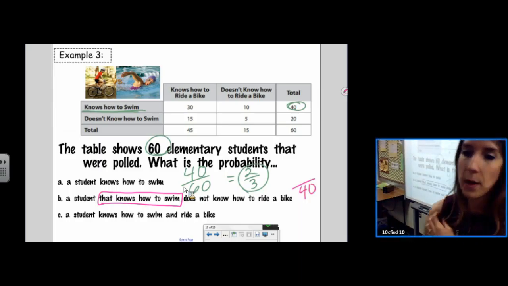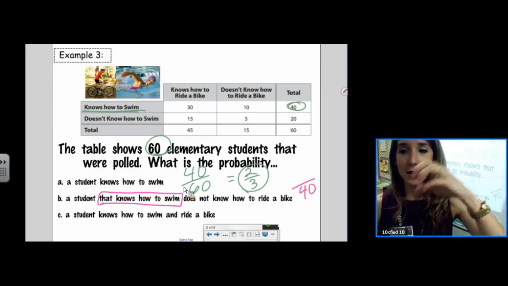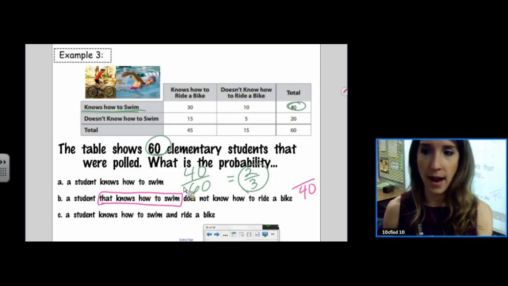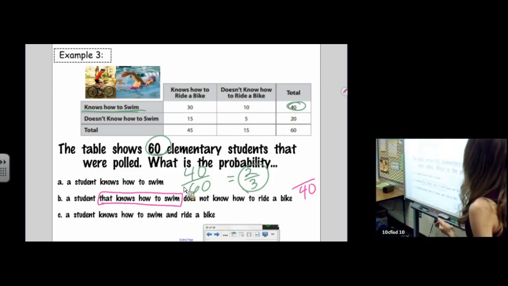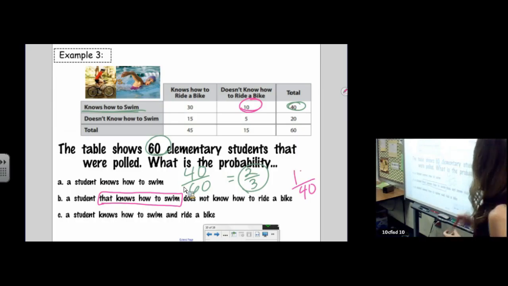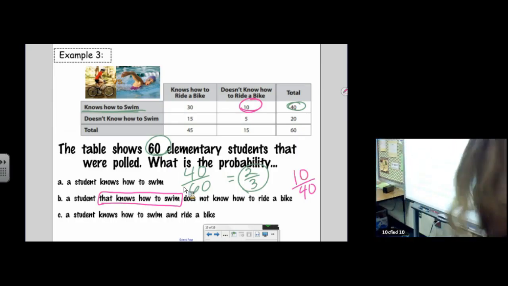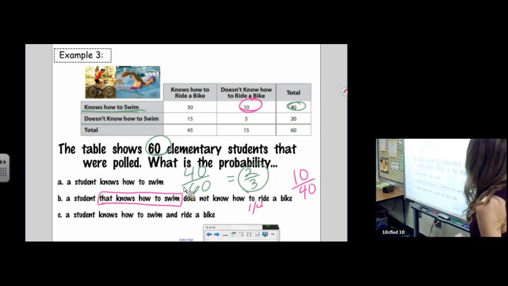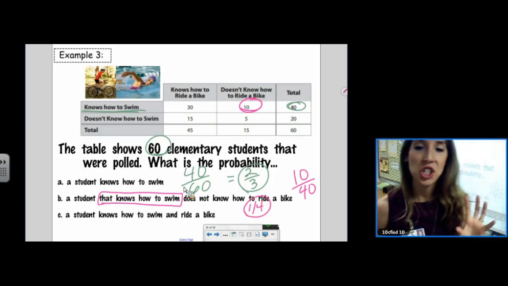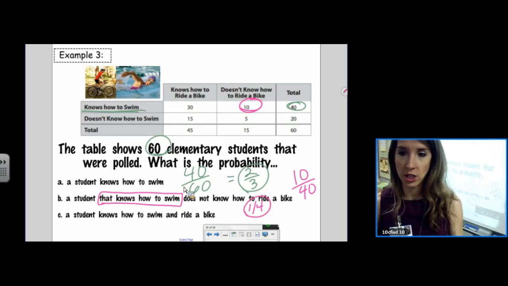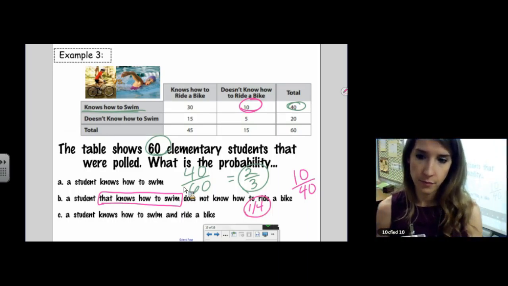Now we want to know how many of those don't know how to ride a bike. 10 out of 40, 1 in 4. Is that okay? Our sample space changed. Our total changed. It wasn't out of all the kids, it was out of the ones that know how to swim.